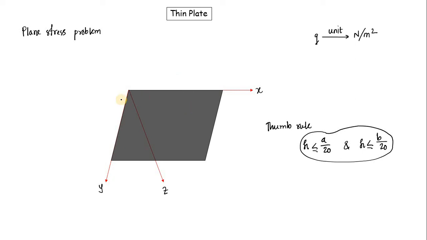Okay, so in a plane stress problem, the important thing is that the out-of-plane stress is 0. That means here the only available stresses will be sigma x, sigma y and tau xy.